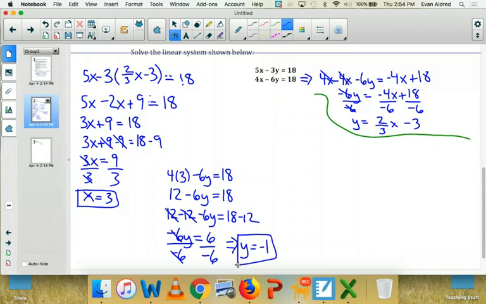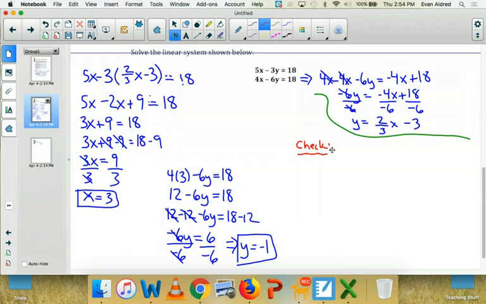Okay, so we end up getting two pretty nice numbers, even though we had a fraction for y when it was isolated. It ends up working out okay. Now I mentioned before that I would show how to check with this one. Well, that's what we're saying that the answer is. We're saying that x is 3 and y is negative 1. And we feel pretty confident about that, but it's a test, and this is a question that's worth 3 or 4 points, so we want to be sure. Well, if we want to be sure, we can check our x and y values in both equations.